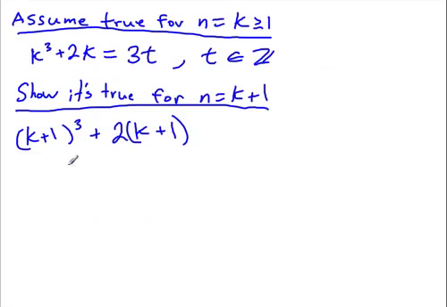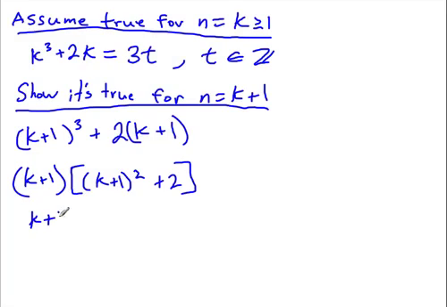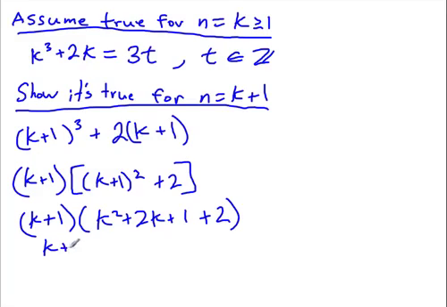So here we can factor out the k plus 1 to make it a little bit easier, I think. And then we're going to have (k plus 1) times ((k plus 1) squared plus 2). And work that out. We have (k plus 1) times (k squared plus 2k plus 1 plus that 2 there), which is k squared plus 2k plus 3.